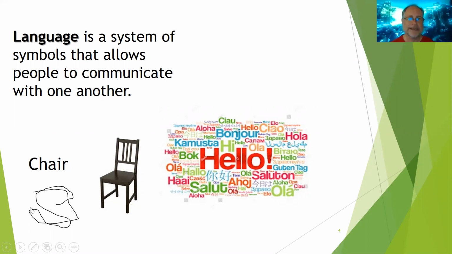However, if you look at this squiggly area down here at the bottom, that could be the symbol for this thing if we agreed upon it. But we don't agree upon this symbol being a representation for this. This is what we have agreed this will represent. So language is symbols, all right?